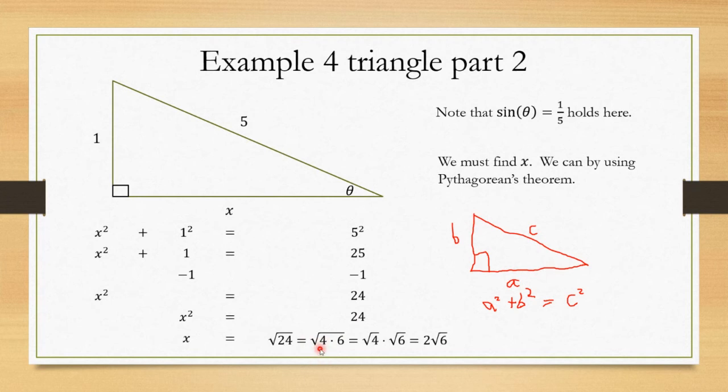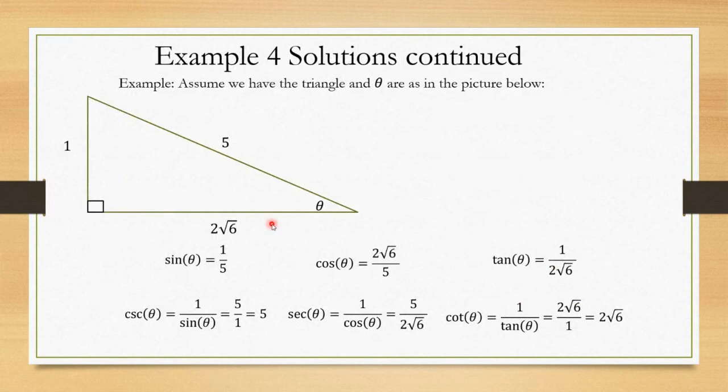Just like before, we get the square root of 4 times the square root of 6, which is 2 radical 6. If you left it as the square root of 24, that's fine also. Again, I simplified it to be 2 times the square root of 6.